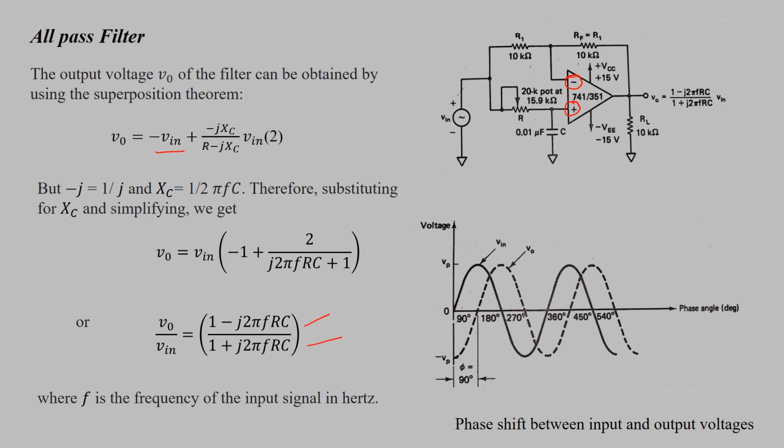This shows that the amplitude is equal in the output and input, and there is a phase shift between the input and output signals. You can see clearly here for this example the phase shift is 90 degrees.